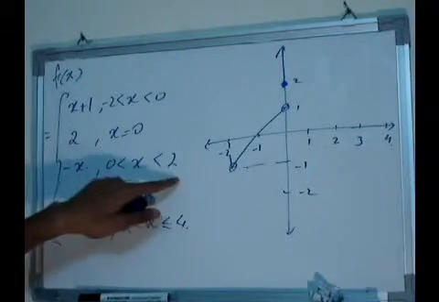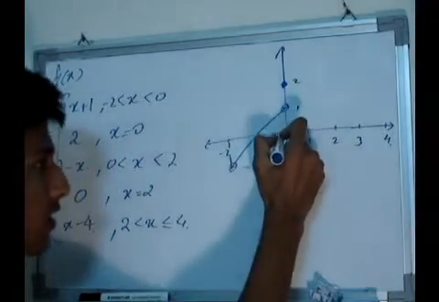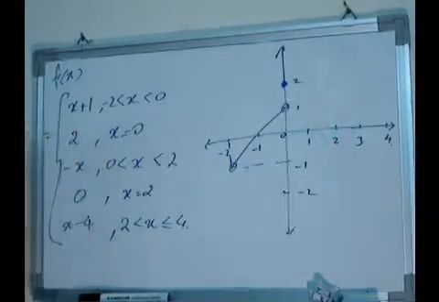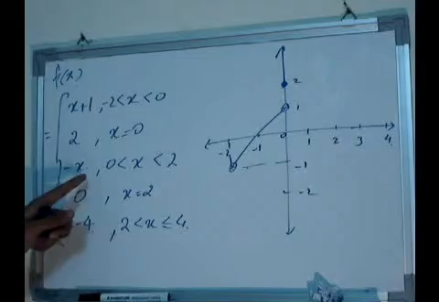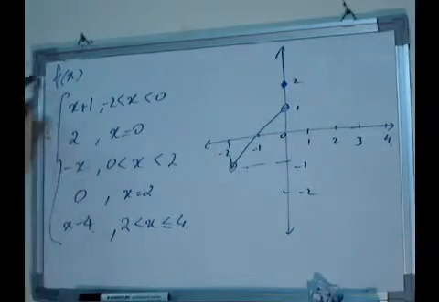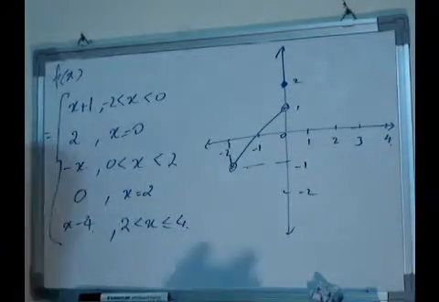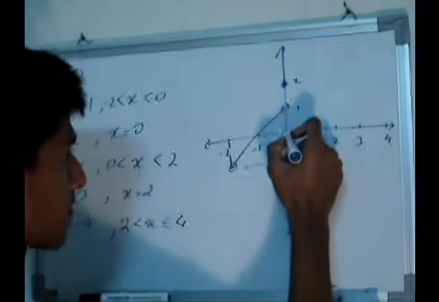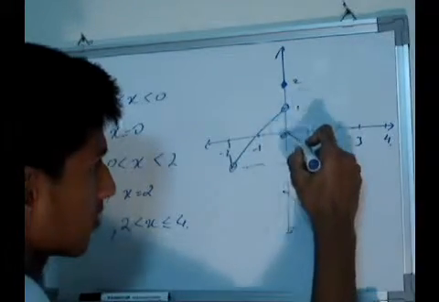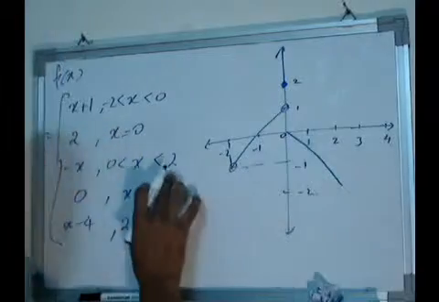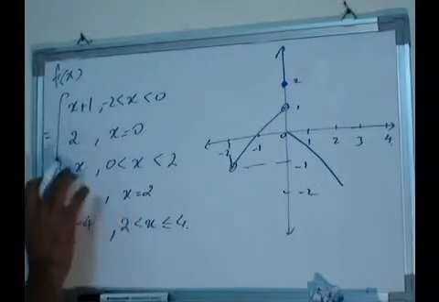Now for 0 to 2, this particular range of the domain, f of x is -x. As you all know, it is not defined at 2 and 0 over here.